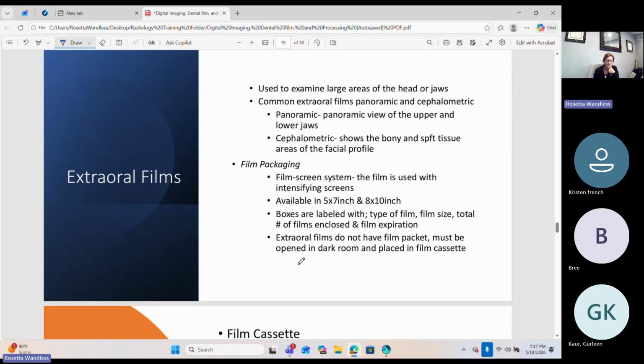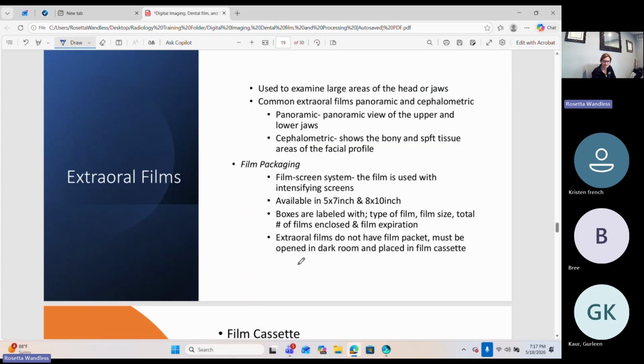The composition of the film itself, regardless if it's a pan or a ceph or intraoral, is all made the same. Plastic acetate, adhesive, emulsion, silver crystals, protective coat, okay? That does not change. And it's on both sides of extraoral film, just like intraoral.